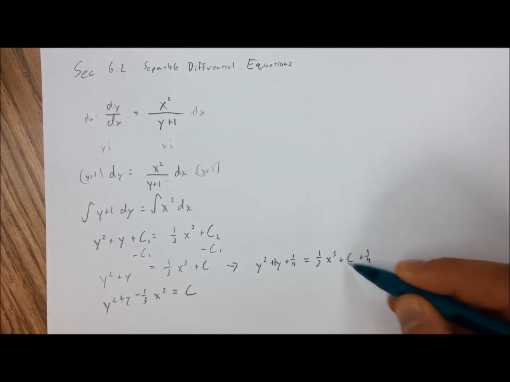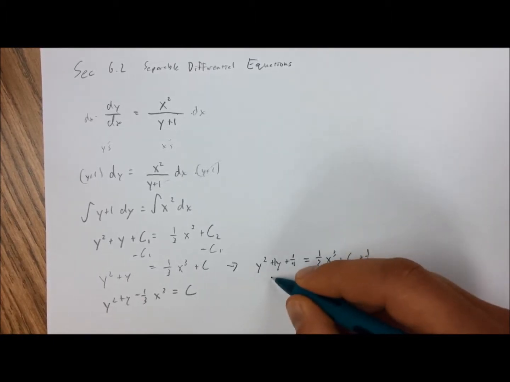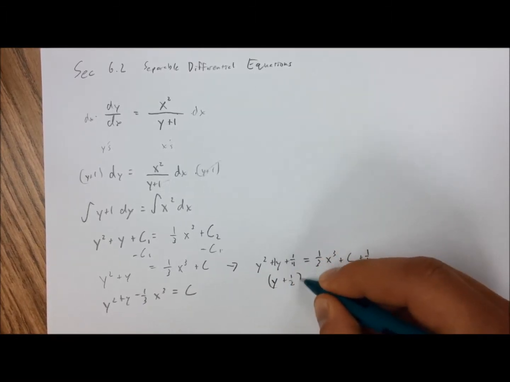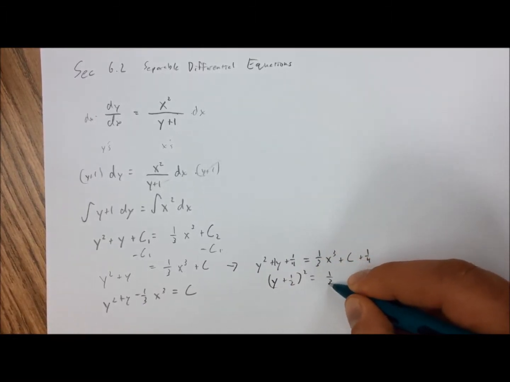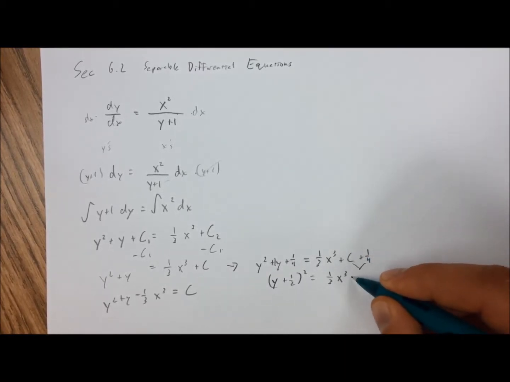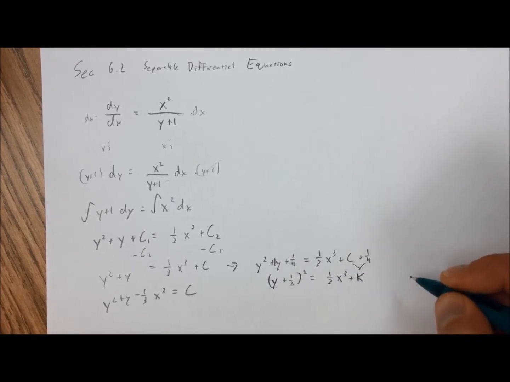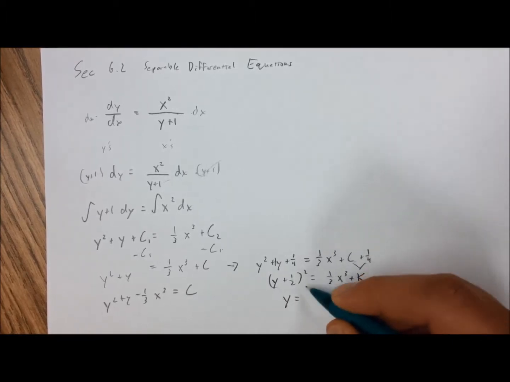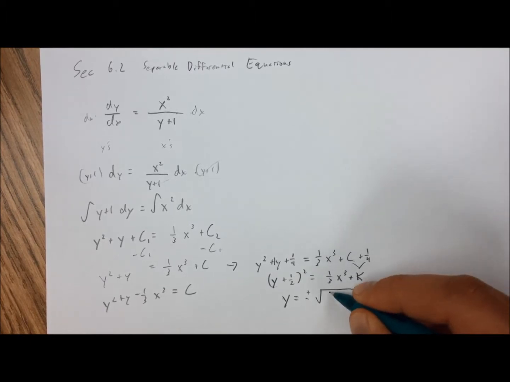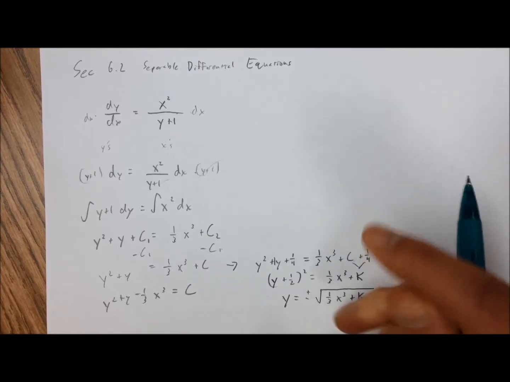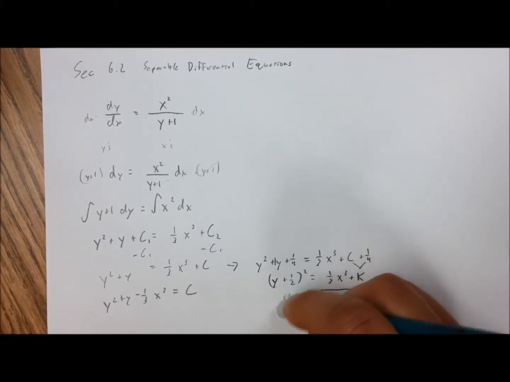Now that of course is just going to give us some other constant. This would give us y plus 1/2 quantity squared is equal to 1/3 x cubed. I can leave the c in there, or I can combine these, just say a different constant. Let's call it k. So y plus 1/2 is equal to plus or minus the square root of 1/3 x cubed plus some constant.